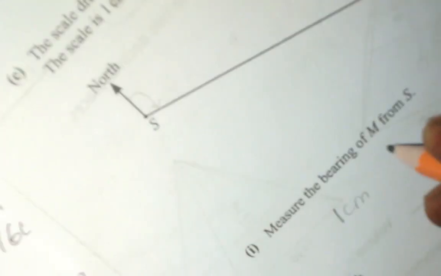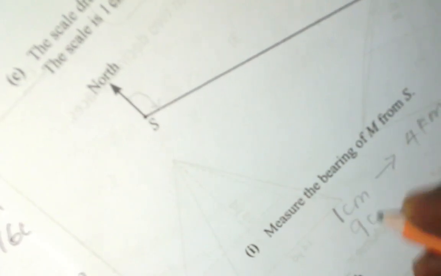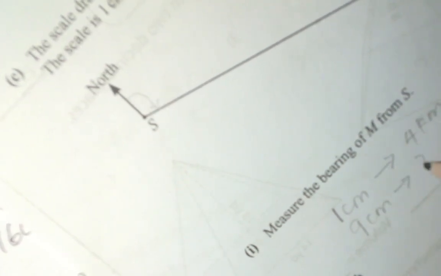So in the first map, 1 centimeter is equal to 4 kilometers. What will 9 centimeters be? Let it be x.